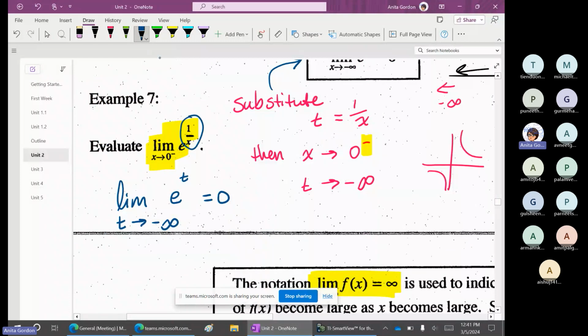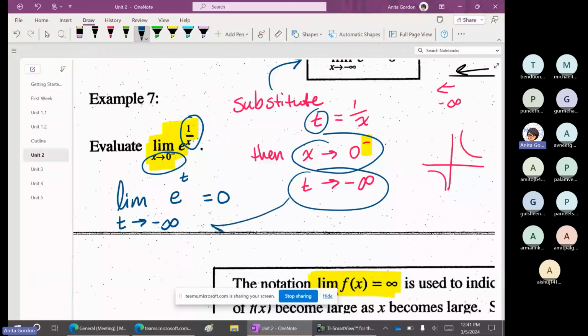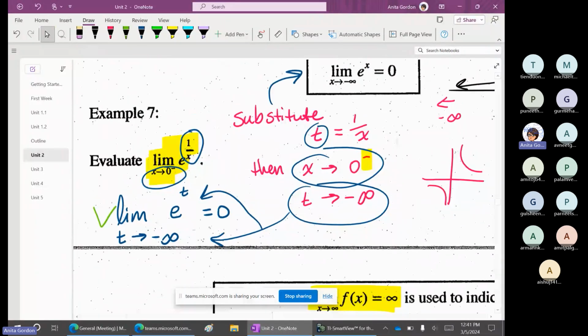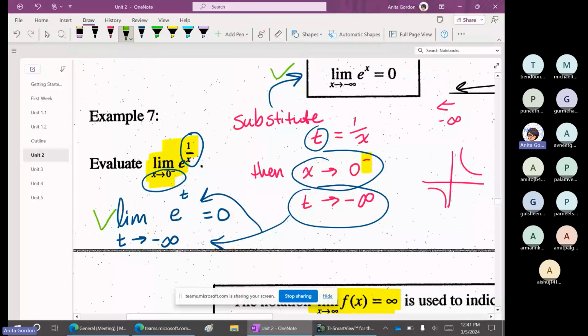I substituted the exponent, and then I substituted the restrictions, and this picture matched the box of information over here. So if you did not match the restrictions, then you would have to do some calculations. But as long as you match the restriction, as x goes to 0 from the left, what happens to my substitution? It goes to negative infinity.